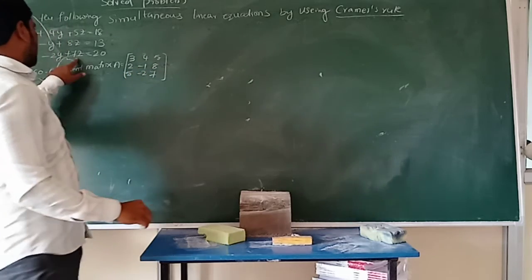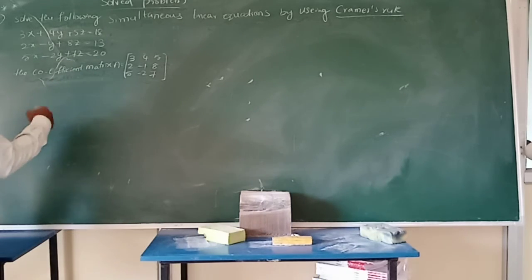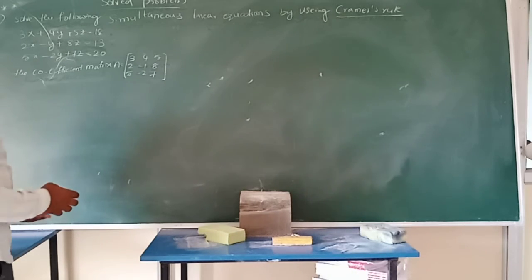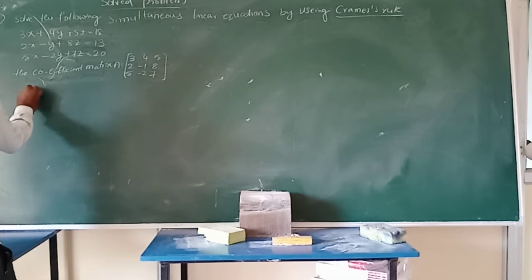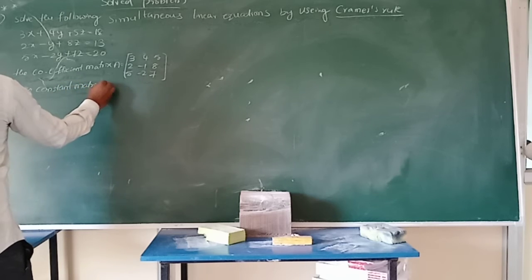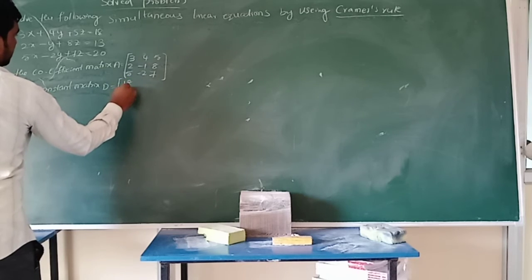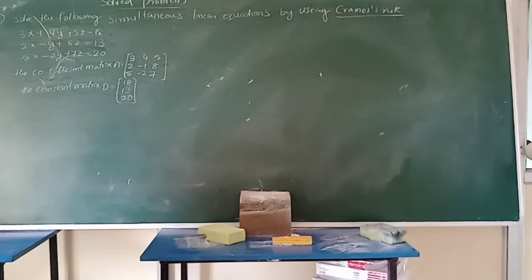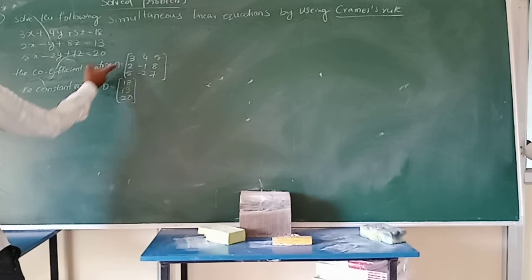This is 7z, not 72. Now the variable matrix is x, y, z. Next D, the constant matrix, is 18, 13, 20.